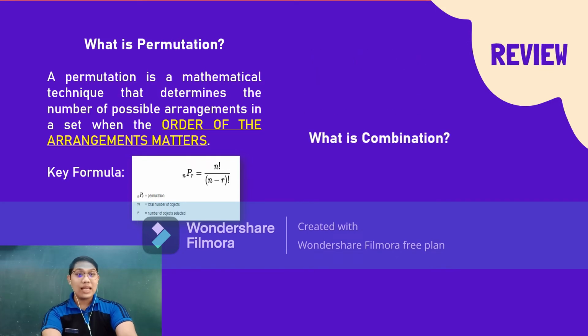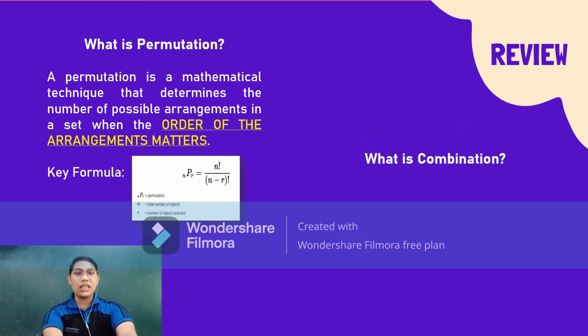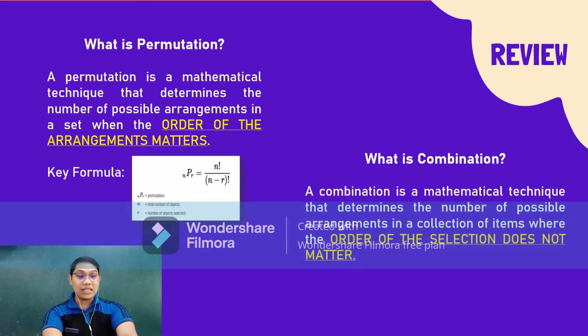Second question, what is combination? A combination is a mathematical technique that determines the number of possible arrangements in a collection of items where the order of the selection does not matter. Again, notice these highlighted words. In a combination, the order of the selection does not matter.